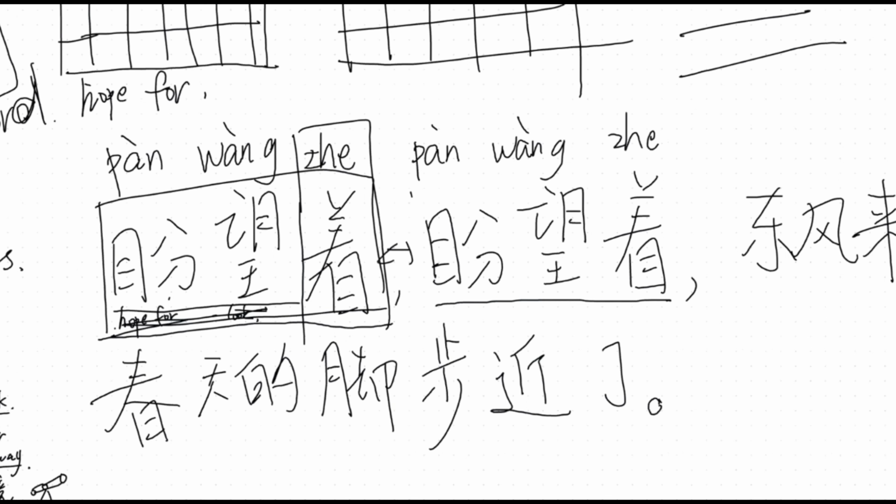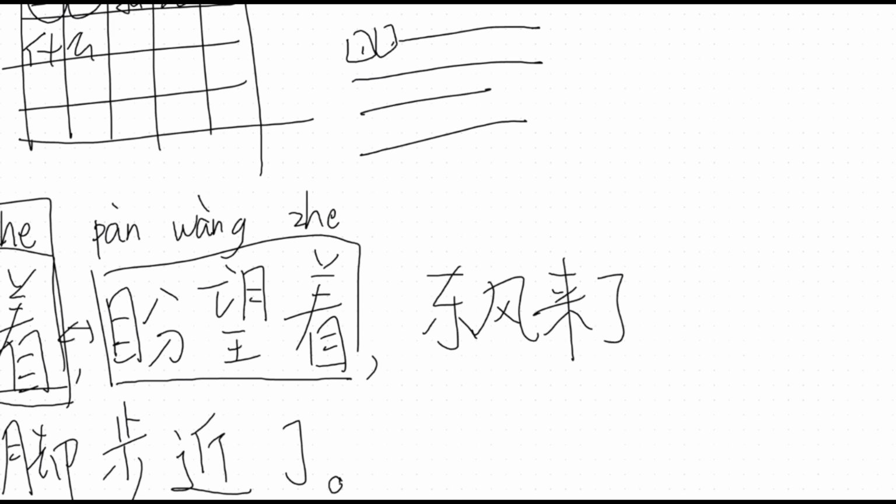Why here does it write it again? It's doubled. When you write a text in Chinese, if you write something again, then it means you want to emphasize it. Like 走着. 走 means walk.